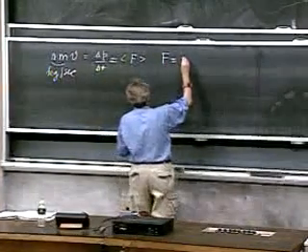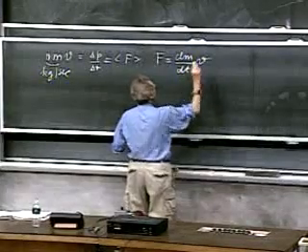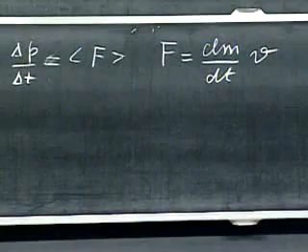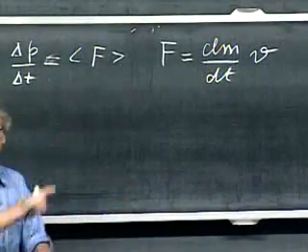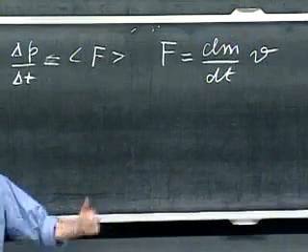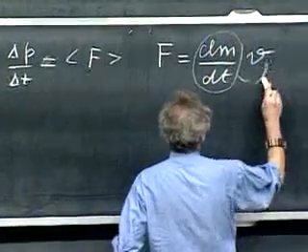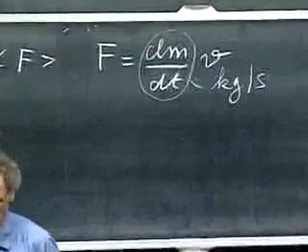F equals dm/dt times the velocity, if the velocity of the tomatoes that hit the floor is constant. And we're going to apply this to rockets, whereby the exhaust out of rockets has relative to the rocket a constant speed. And this is then the number of kilograms per second that I throw on the floor.